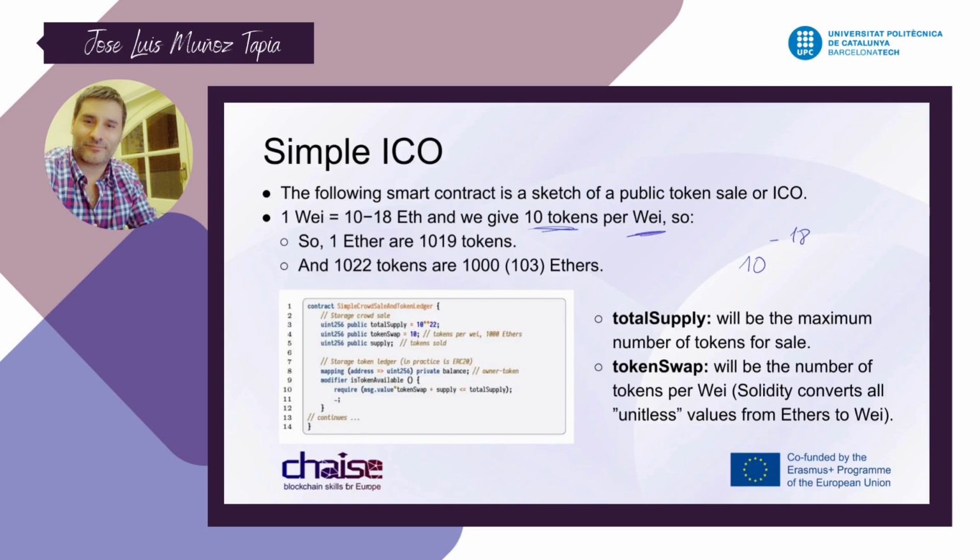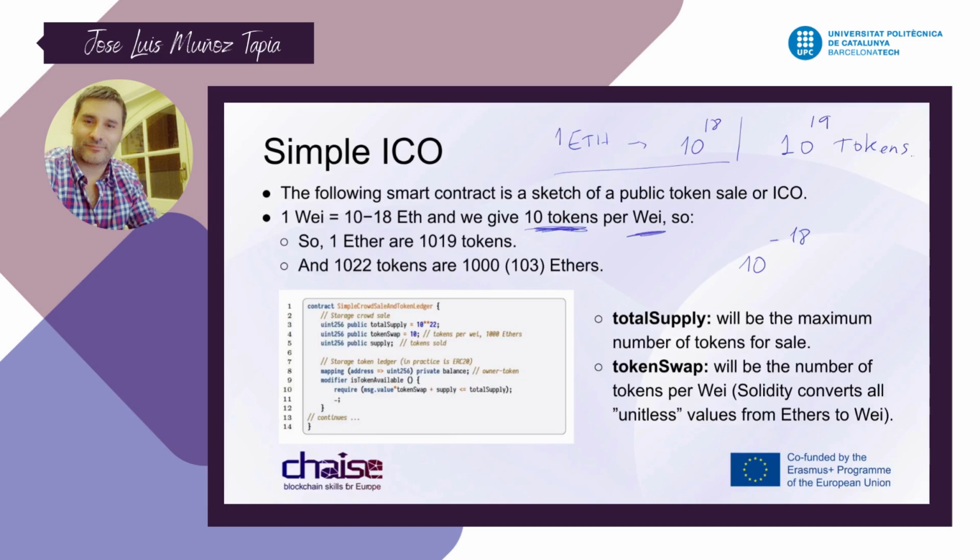So if you give me one ether, that is 10 to the 18 wei, then I'm going to give you 10 times more, so 10 to the 19 tokens, for example. Okay, this is the idea.